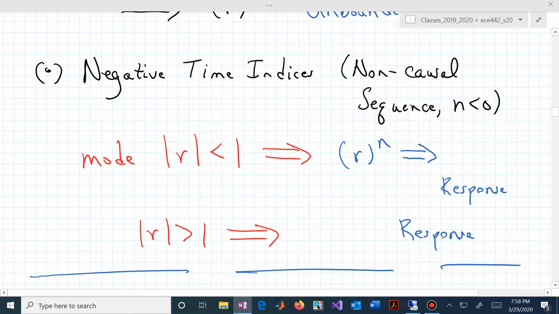If the mode r is less than 1, let's say it's 1/2, and we raise that to the -1, the -2, we're now inverting 1/2, so now we have 2 squared, 2 cubed, and that corresponds to an unbounded response. And if r is bigger than 1, then we have a bounded response when n is a negative sequence.